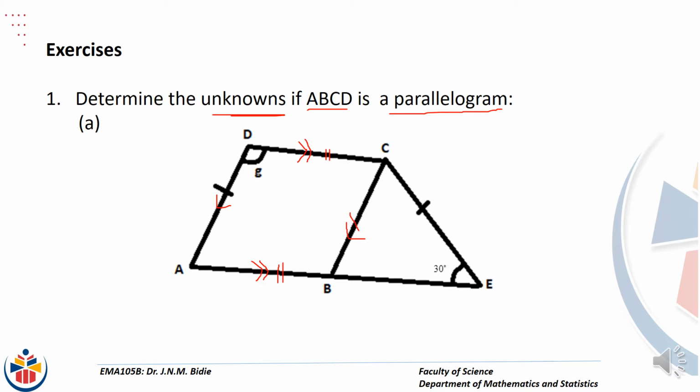Based on the fact that we had concluded that AD and BC are equal, for this triangle we have an isosceles triangle. If you have an isosceles triangle, it means two sides equal, yielding to the fact that the base angles are also equal. So that means this angle is also 30 degrees.